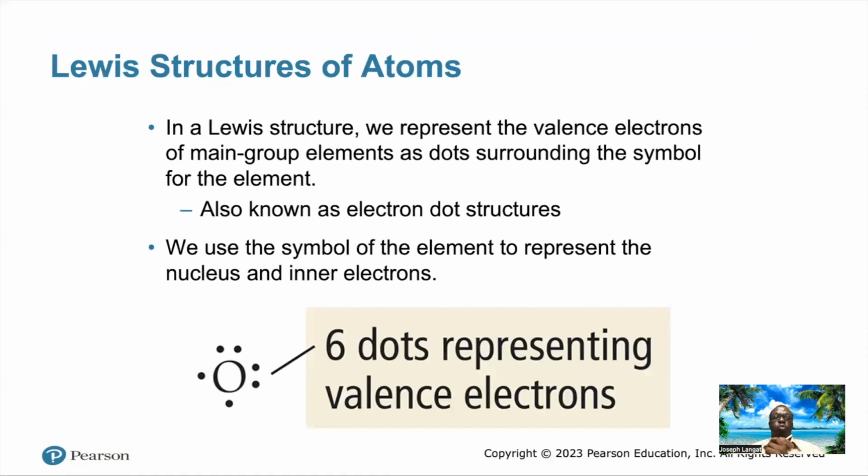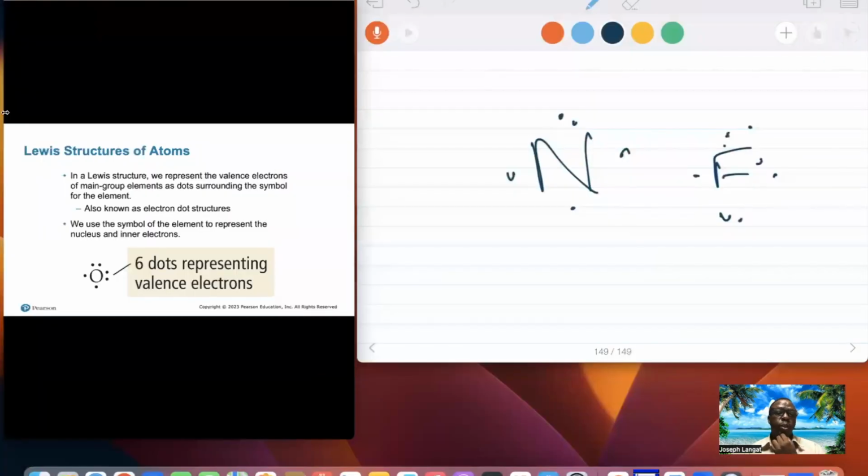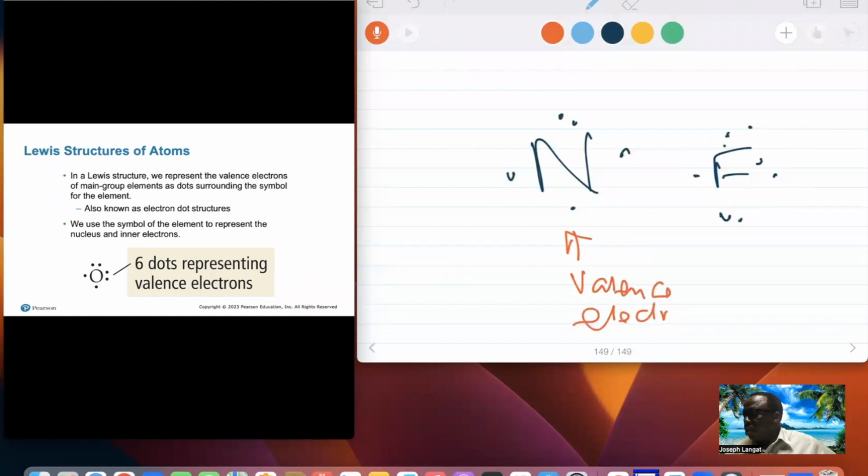Now, Lewis structures for atoms is just using the dots to represent valence electrons. So here, these are valence electrons. It's not only limited to oxygen.